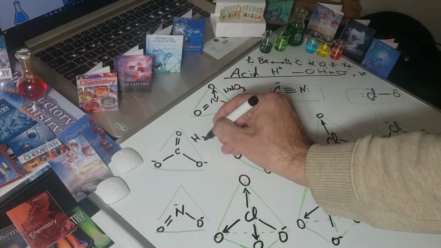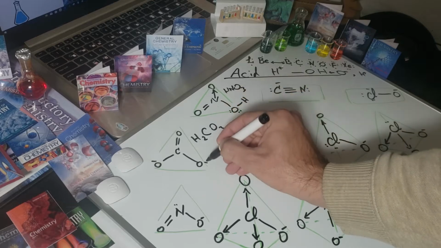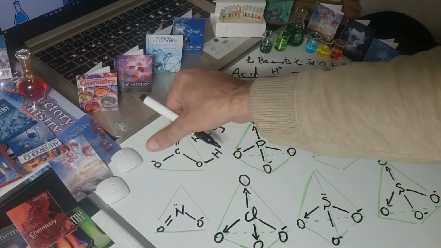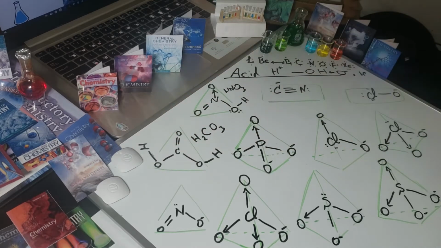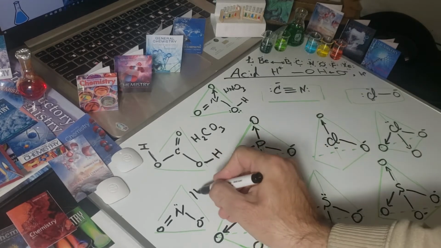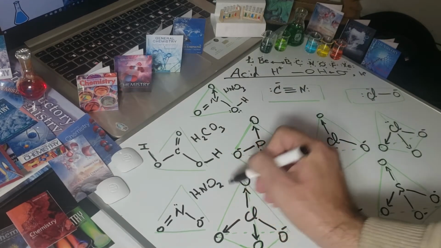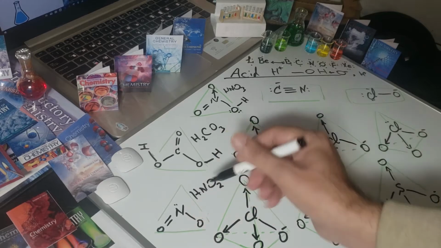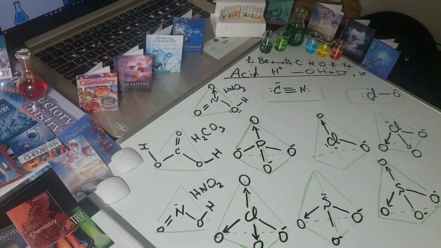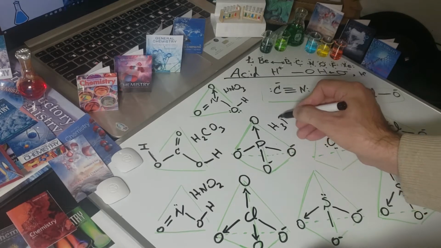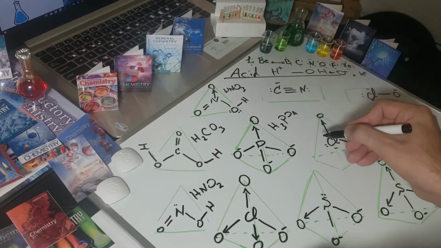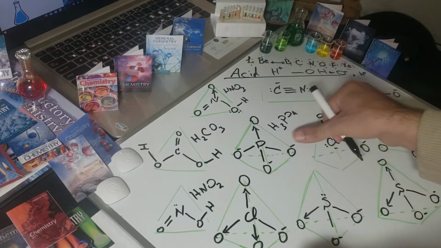If we have H2CO3, this is called carbonic acid, and it means OH, and if we take this O negative and make another hydrogen, that is H2CO3. Nitrous acid is HNO2, so we take this negative and form a hydrogen. Phosphoric acid, H3PO4.